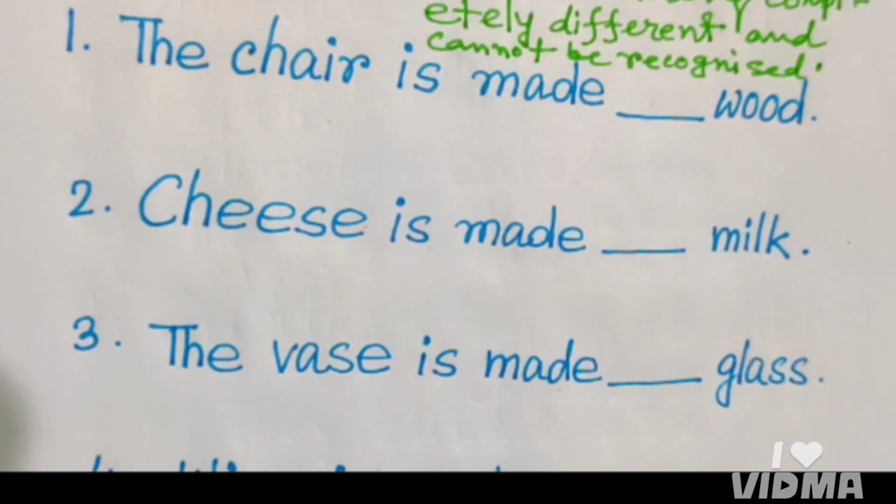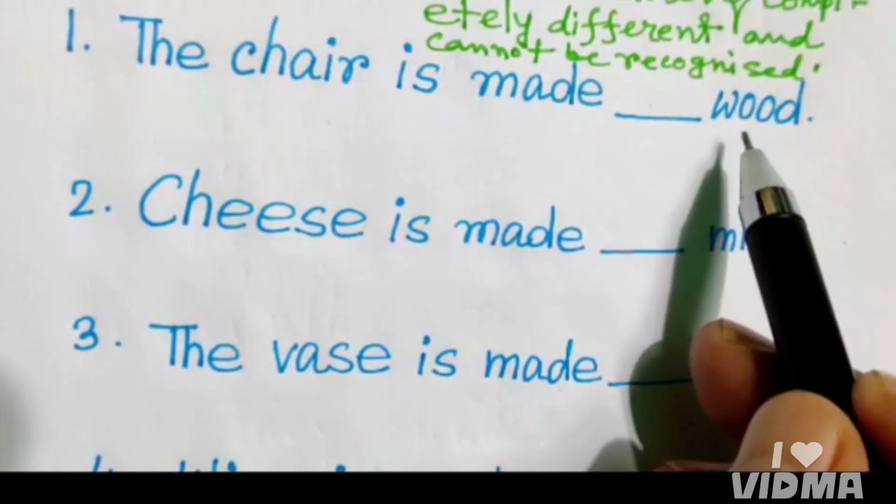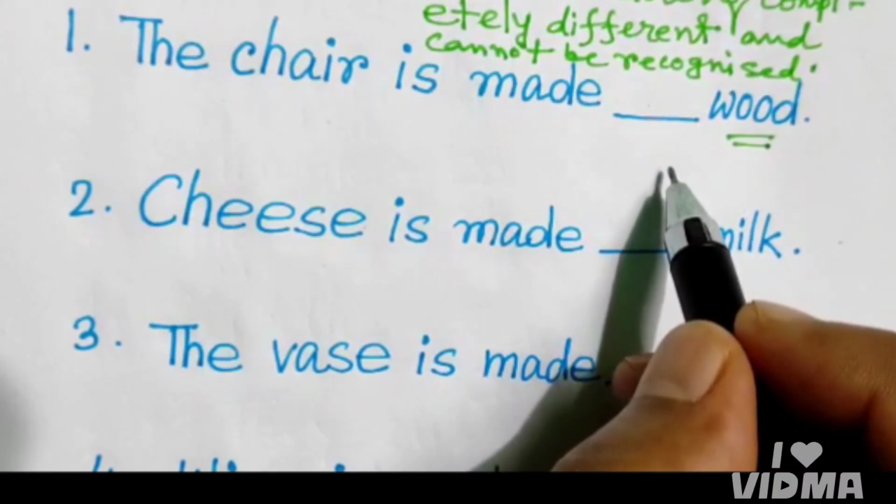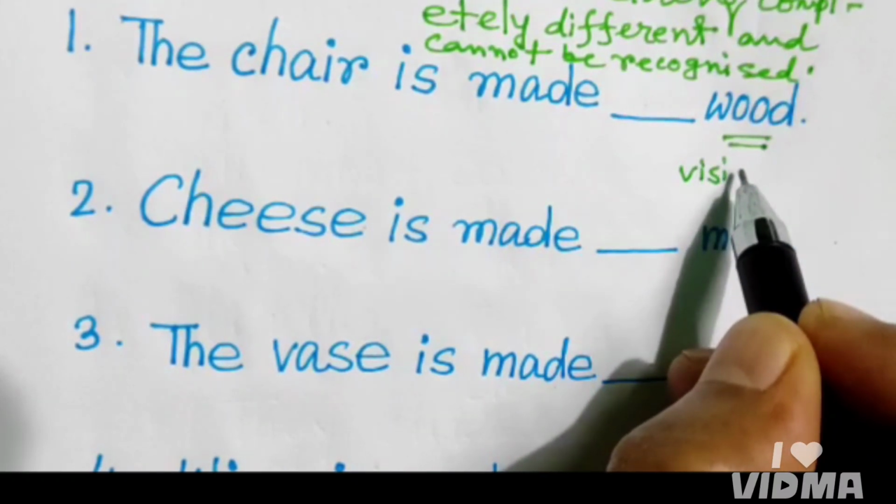Now see, example 1. The chair is made blank wood. Wood is still visible.